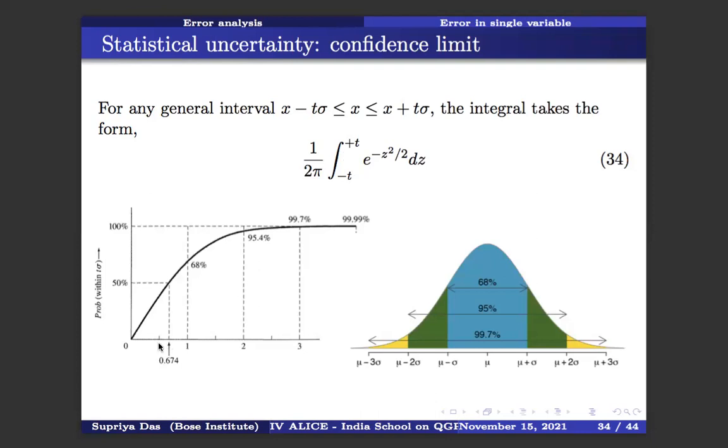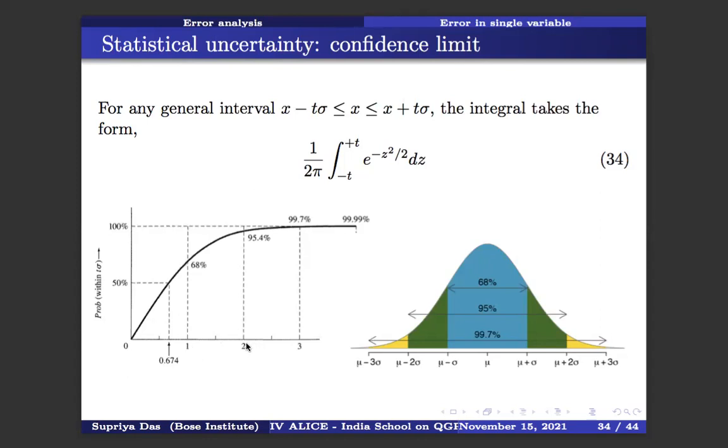If you plot this, the probability on the y-axis is the probability within 1 sigma, and this is your sigma. So the curve looks like this. What it means is, within 1 sigma, the probability falls from 100% to 68%.